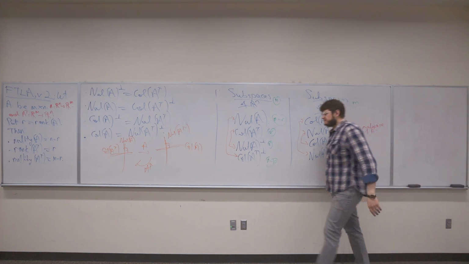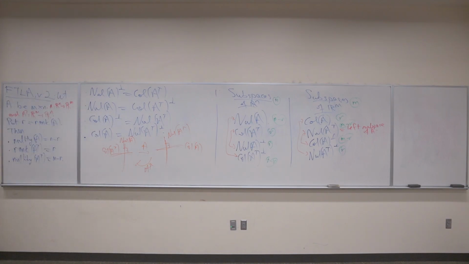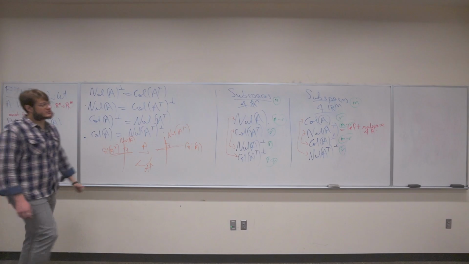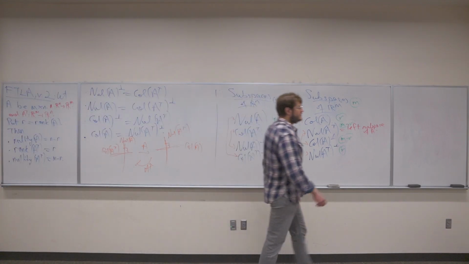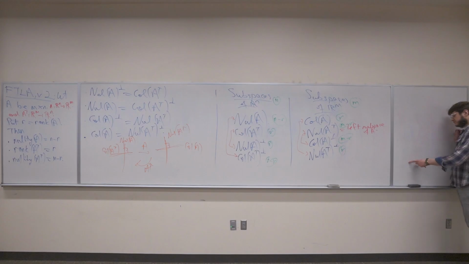I want to define orthogonal sets or bases, orthonormal sets or bases, an orthogonal matrix or a transformation, and an orthogonal projection. This orthogonal projection is going to take more time for us, but the remainder I'm just going to state.